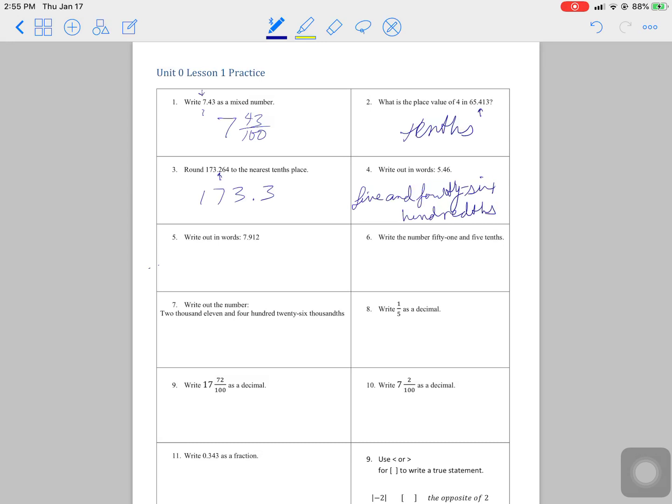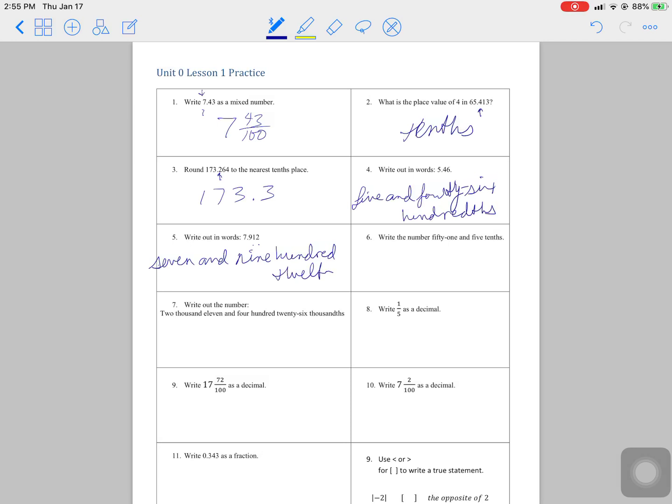Write out the words, 7 and... Okay, this ends in the thousandths place, but this is 912 thousandths.